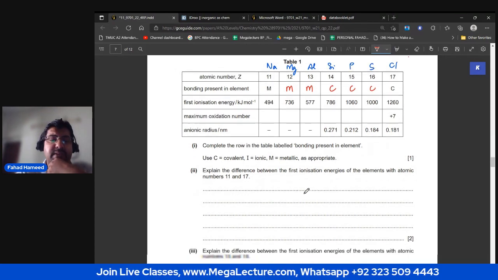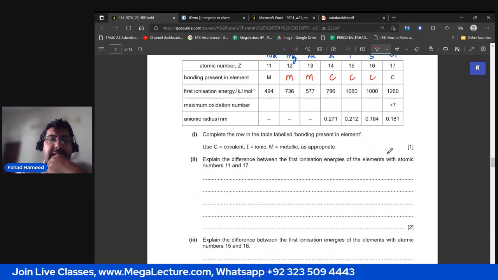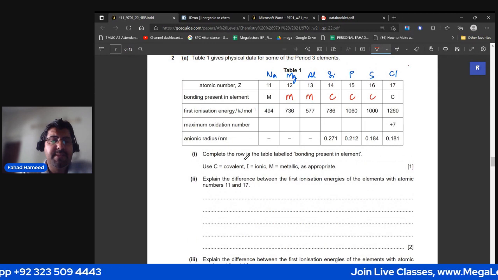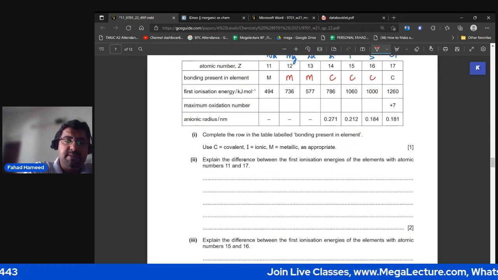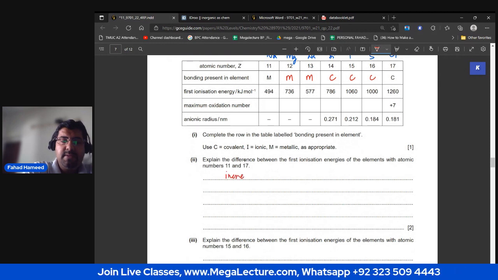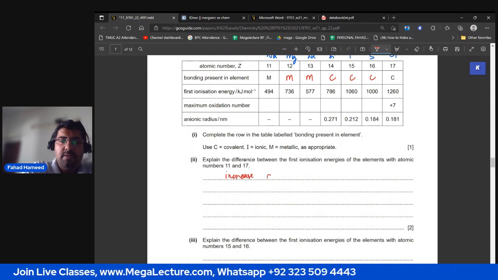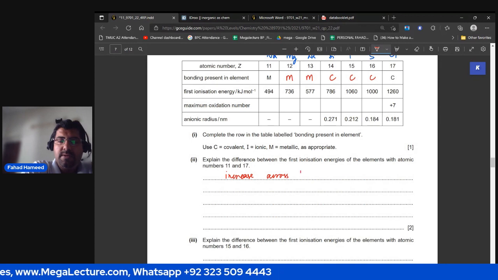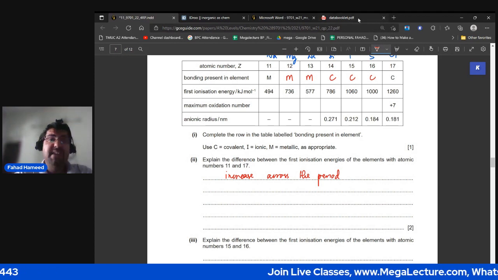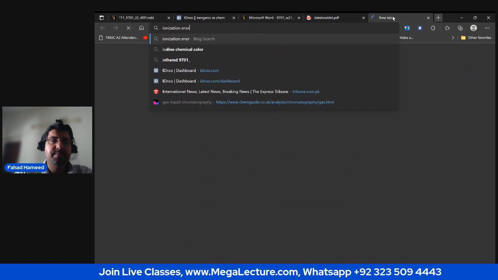Explain the difference between the first ionization energy of the elements with atomic number 11 and 17. So what happens to ionization energies across the period? Across the period, they increase. The general trend is they increase across the period, and there are minor dips.